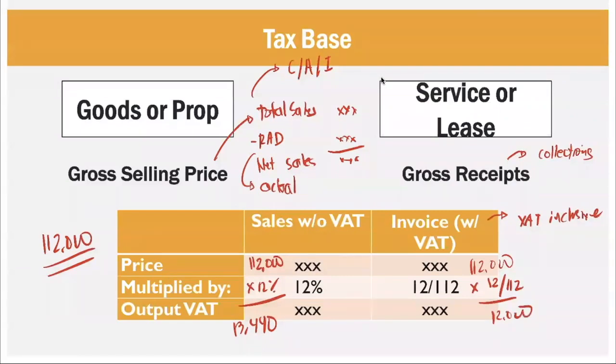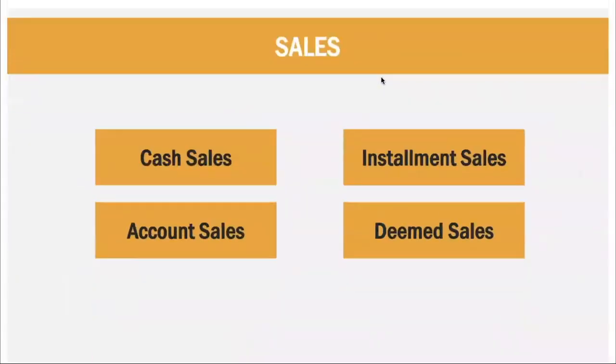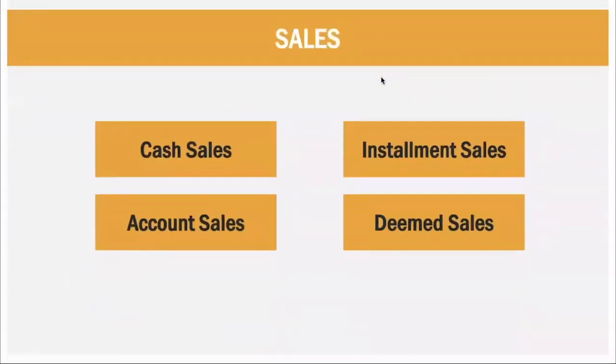Okay. So what is our assumption? If you are a VAT registered taxpayer, of course, your sales are always inclusive of VAT. So our assumption, if you are a VAT registered taxpayer, is that your sales are inclusive of VAT. Now, we said that your sales are either cash sales, account sales, installment sales, and deemed sales.